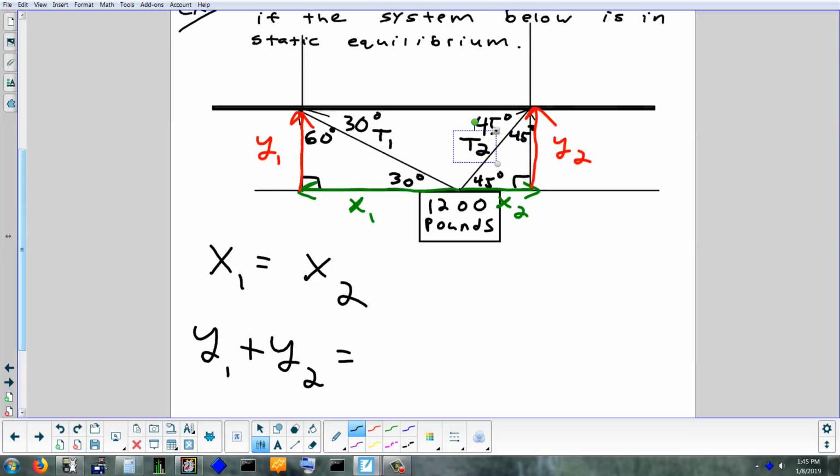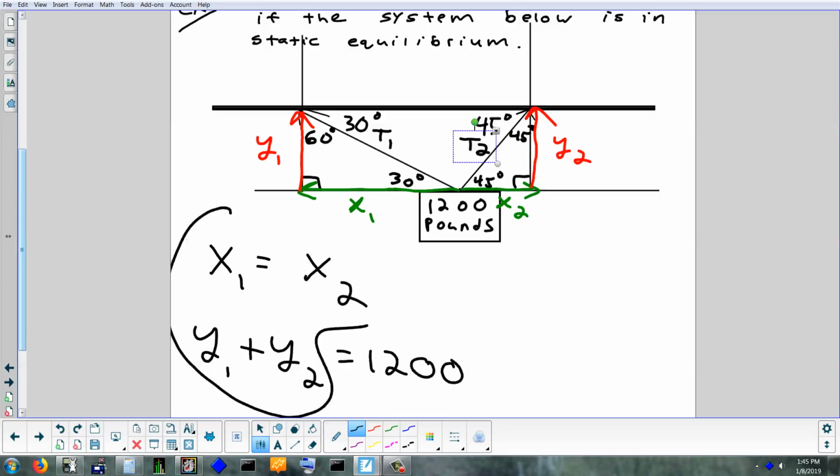What wants to fall to the floor? 1,200 pounds. Okay, so that's the only number that we have so far. But this is what we have to work with. Okay? Any questions on setting that up?